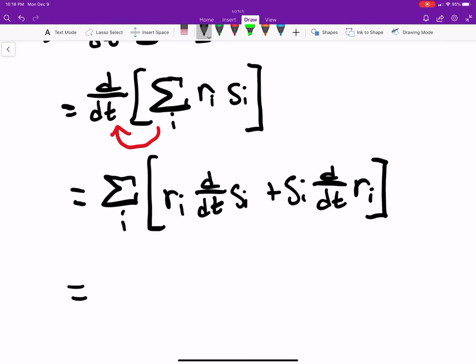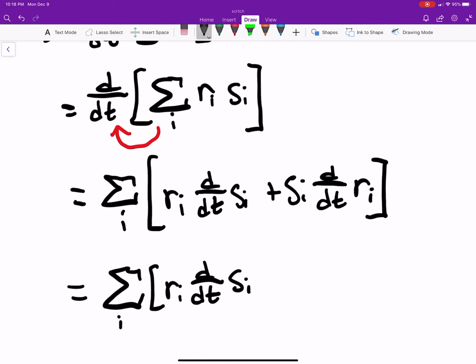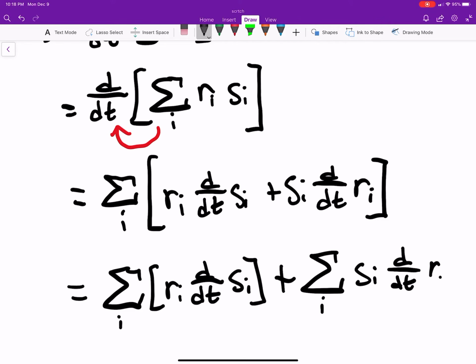Okay, well, we can break this up now into two different sums. So we could think of it like this, plus another sum. I might as well put these in brackets to keep up with the theme we got going on here.